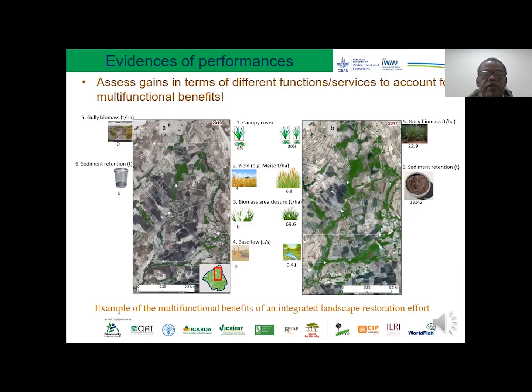On the left side is an area before restoration, and the same area on the right side is after restoration. You can see significant differences in different sub-functions of services: crop yield, canopy cover, biomass, and so on. This has been done for about 4 sites, and we are going to include other parameters such as pollination, biodiversity, and so on, so that we will have as comprehensive evidence as possible for those restored areas.